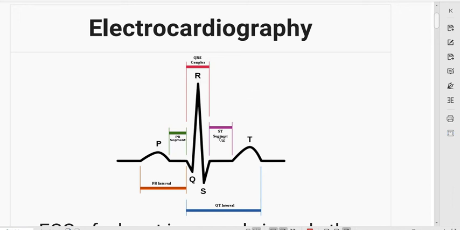As a result, what will happen? There will be a ventricular contraction after this QRS complex. The ST segment shows that all ventricular muscles are in depolarized form, whereas the PR segment shows that all atrial muscles are in depolarized form. Then ventricular depolarization will start after the PR segment.